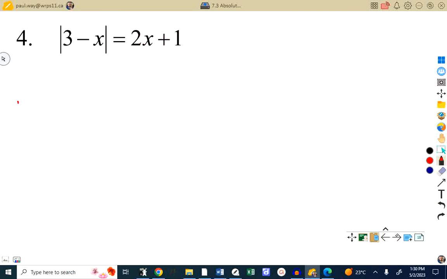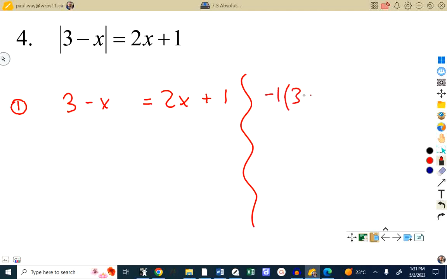One of your equations will be 3 minus x is equal to 2x minus 1, or plus 1 rather. I'm going to do these side by side this time. One of your equations will be negative 1 times 3 minus x equals 2x plus 1.